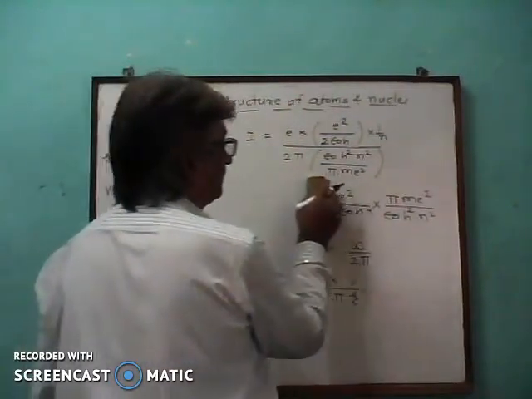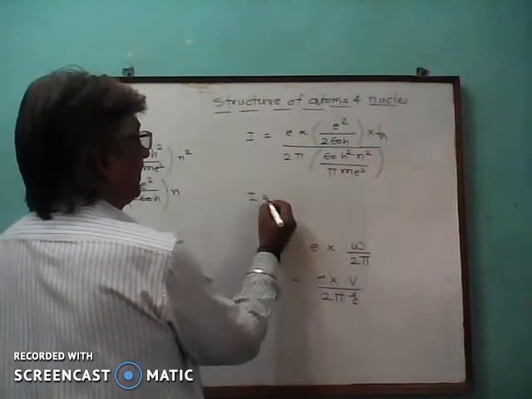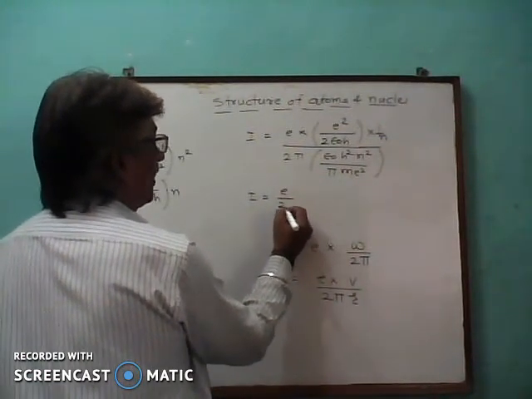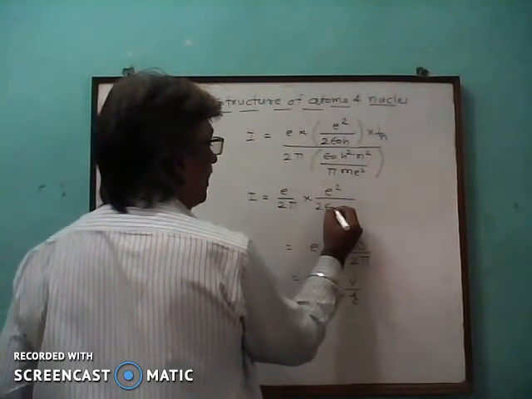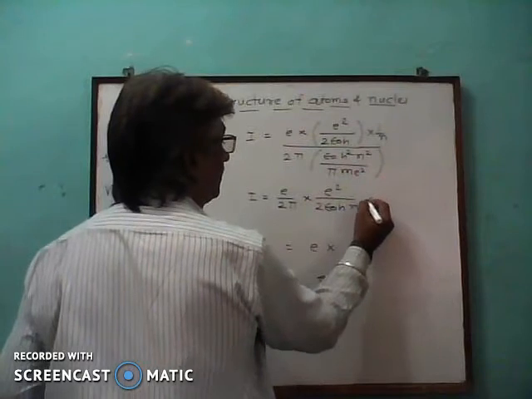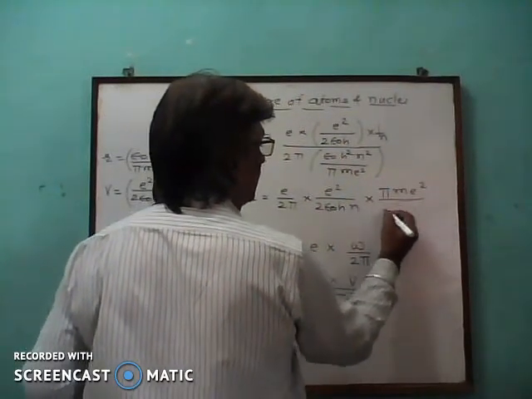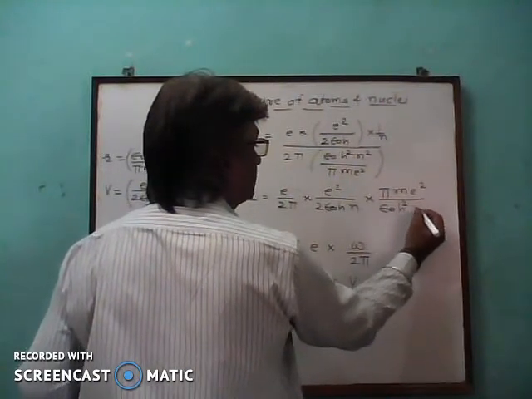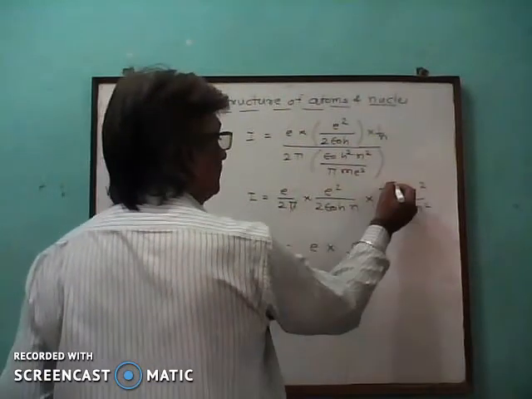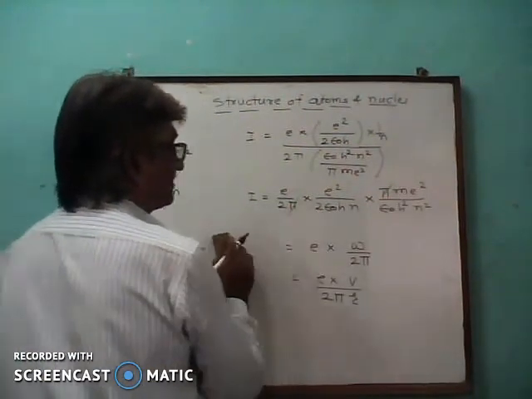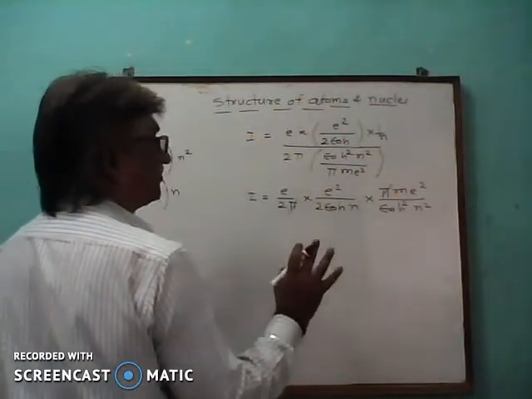So this formula again we can write as e upon 2 pi multiplied by e square upon 2 epsilon 0 h n multiplied by pi m e square upon epsilon 0 h square n square. What happened? 2 gets cancelled, pi gets cancelled, pi gets cancelled. In the numerator no terms will be cancelled.